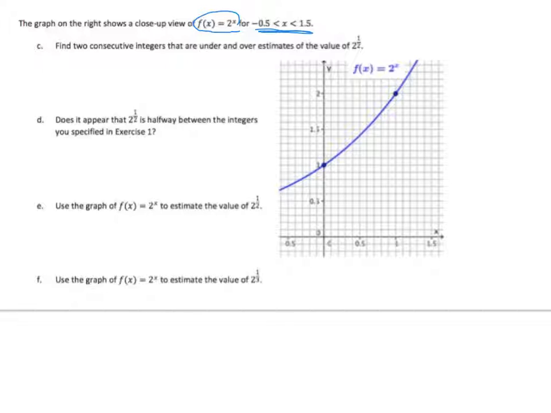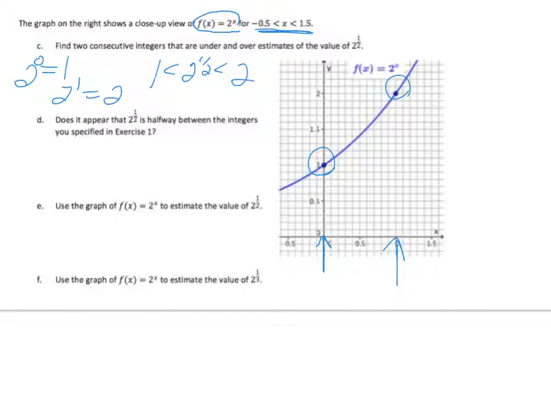We've done 2 to the 0 equals 1, and then 2 to the 1 equals 2, right? So we know that 2 to the 1/2 is somewhere between 1 and 2.